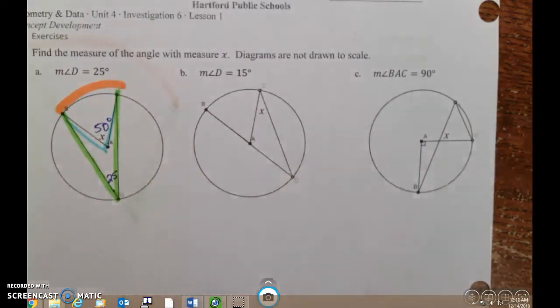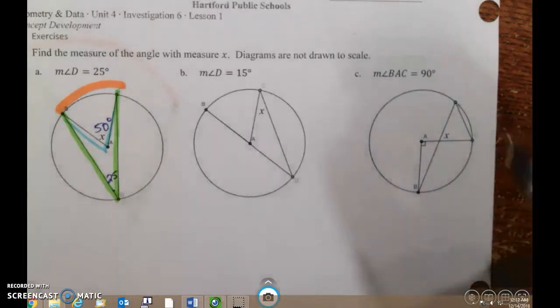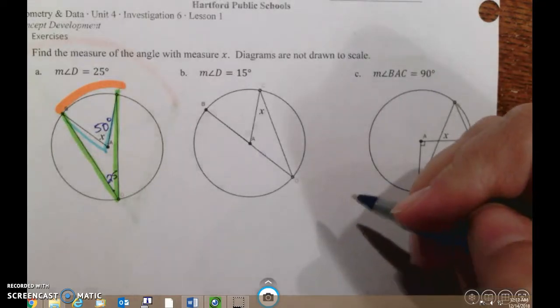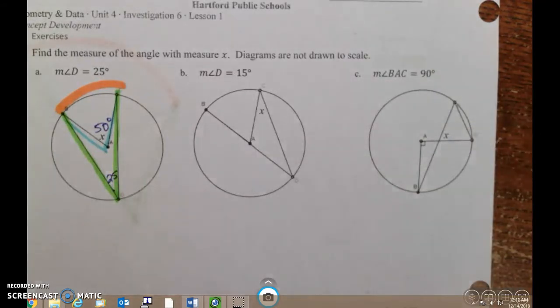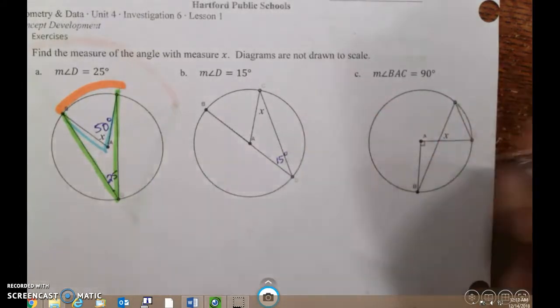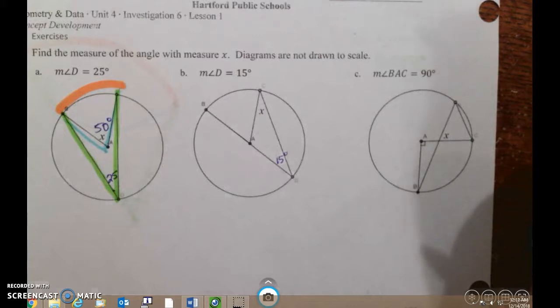Okay, letter B. Each one of these is a little different, and the diagrams will start getting trickier and trickier. For B, they're telling me angle D is 15 degrees. And to be honest, you don't even need to know anything about inscribed angles to answer this.